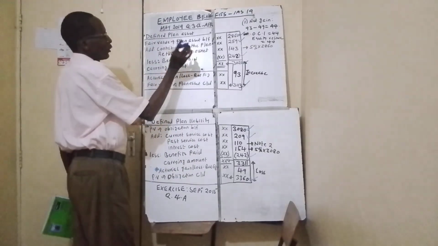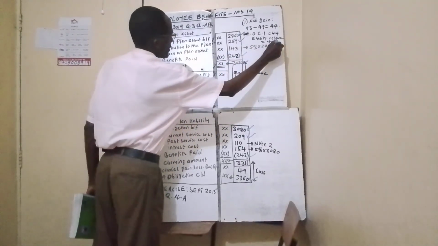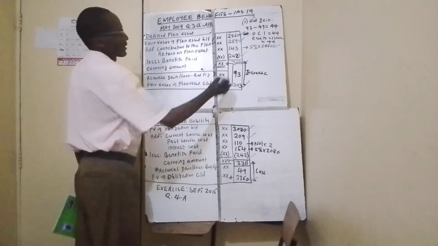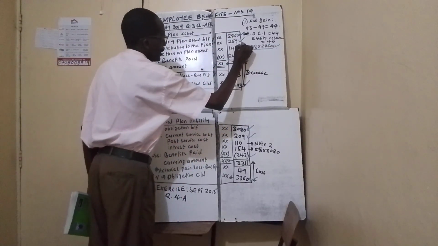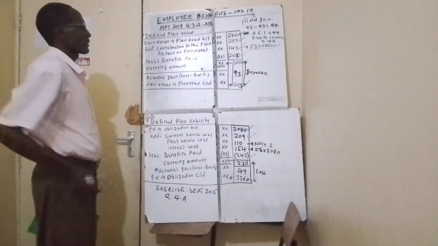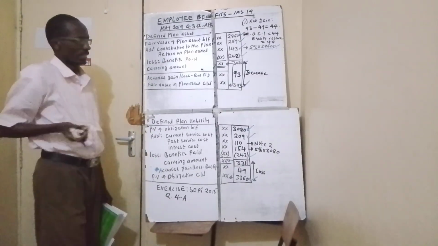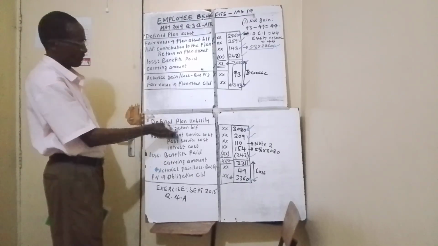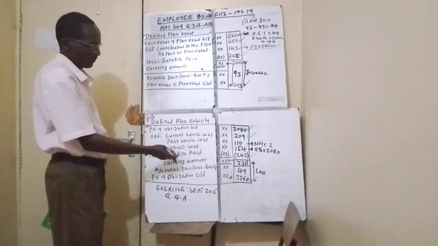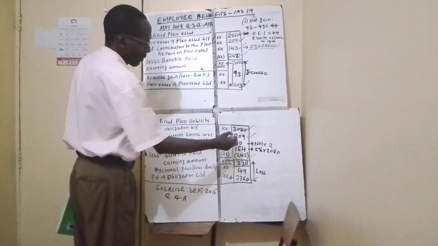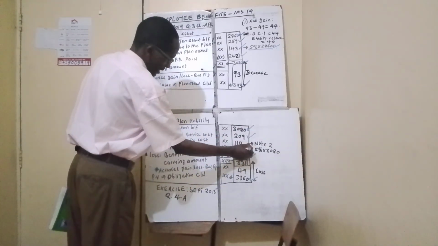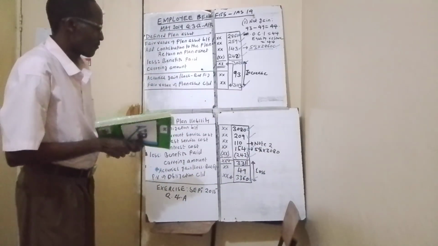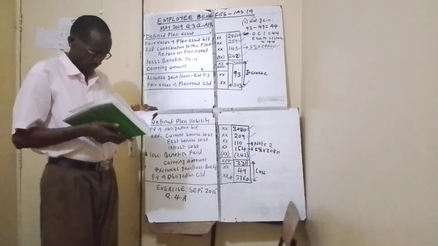That is return on plan asset, 5% of opening balance, 2860. You multiply by 2860, you get 143. That is the return on plan assets. The same applies here. Interest costs for the defined plan liability, 5% times opening balance, we get 154.